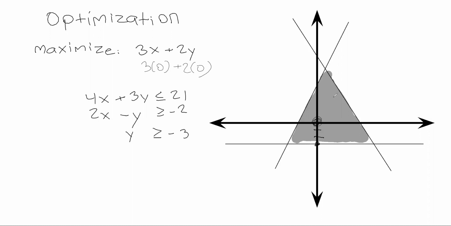We are trying to maximize this. On the other hand, if we pick maybe x is 1 and y is 1, we get 3 plus 2. Originally we had 0, this one we have 5. So as you can see, this is bigger than the last one, but not quite as big as we can get. Our goal is to make this quantity 3x plus 2y as big as possible without leaving the triangle.